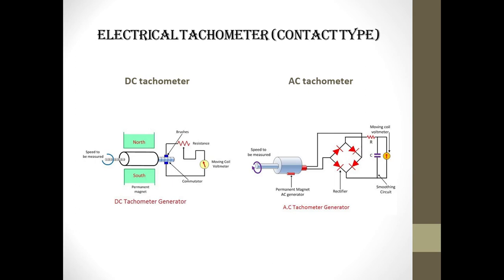Hence, it is very difficult to smooth out the ripples in the output voltage wave shape, and hence AC tachometer generators are designed to have a large number of poles so that the frequency of output voltage is high even at low speed.